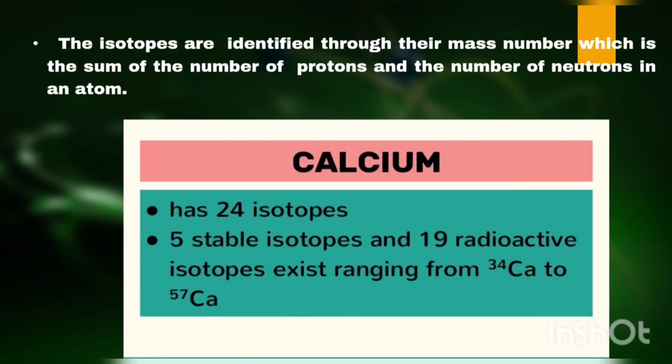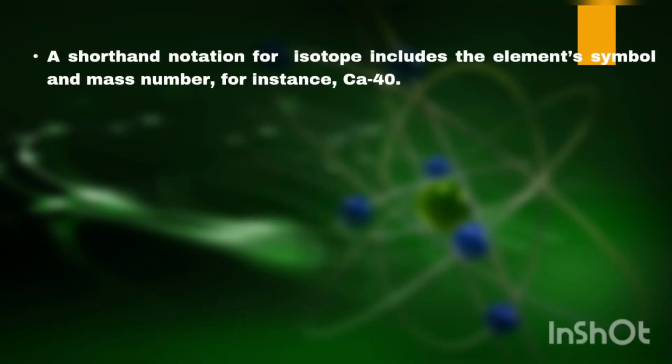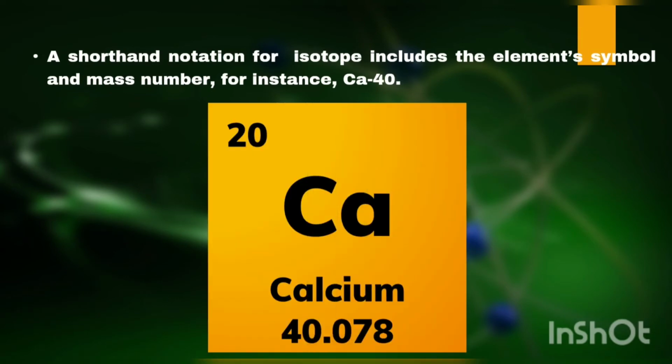For example, calcium has 24 isotopes. 5 stable isotopes and 19 radioactive isotopes exist, ranging from calcium 34 to calcium 57. A shorthand notation for isotopes includes the element's symbol and mass number. For instance, calcium 40. We can say that this is an isotope of calcium, calcium 40.